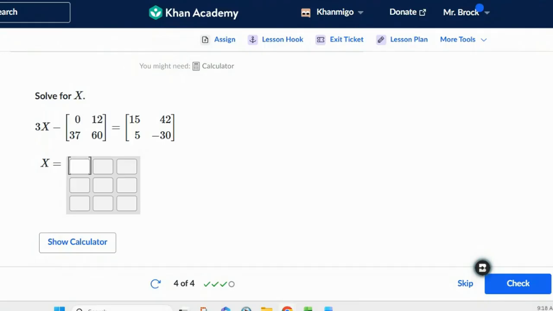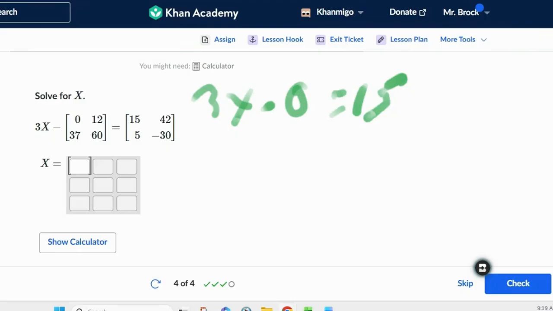If we're looking at this, it is 3x. And then the first one we're doing is this right here. So that would be the first one right there. Minus 0 equals, what does it equal? Right there, 15.